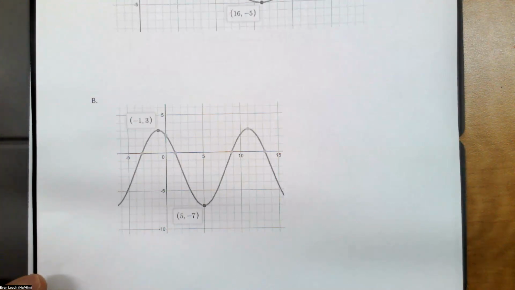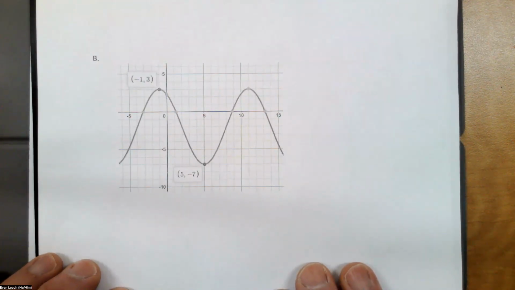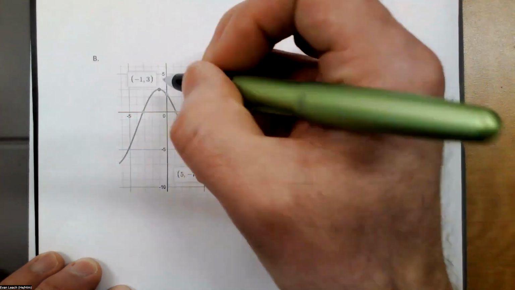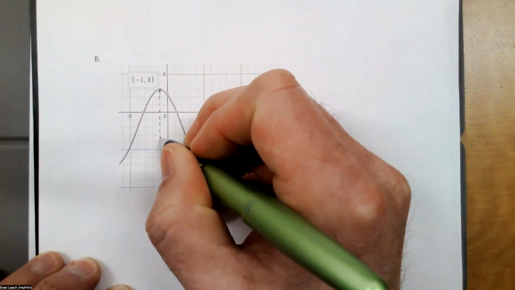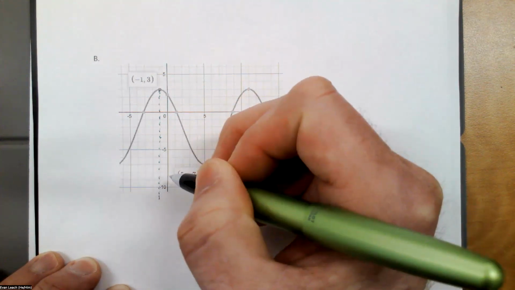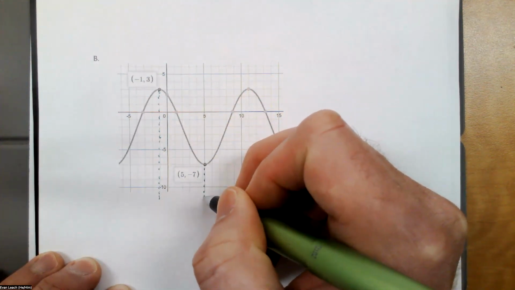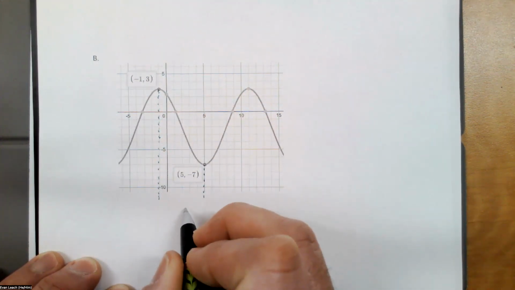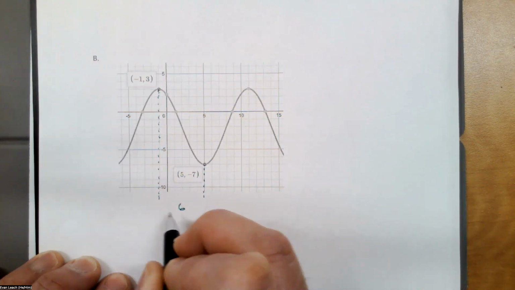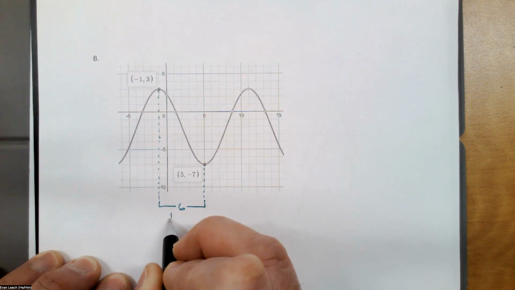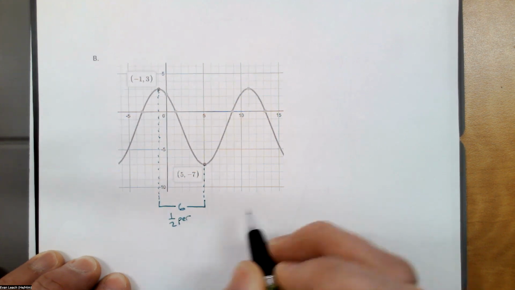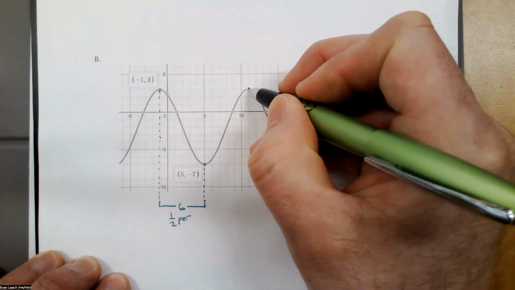So for example, on the second graph, I gave you half of a period. So here's the top here. This is happening at -1, and this point is happening at 5. So the distance between those points is 6. But this is half of a period. So I need another 6 to get back up to the top.